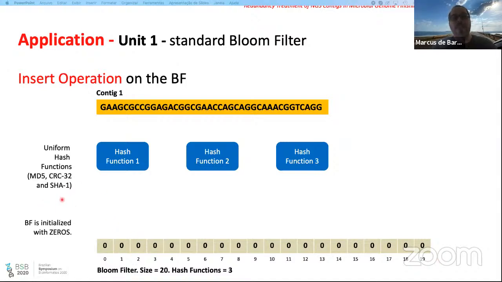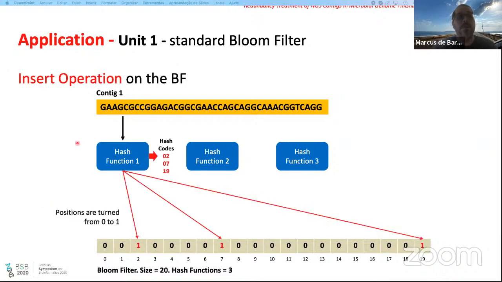We use three hash functions: MD5, CRC32, and SHA-1. When we submit contig1 to the hash functions, it generates three hash codes. For example, here we have 2, 7, and 19, and this is the mapping for the structure.